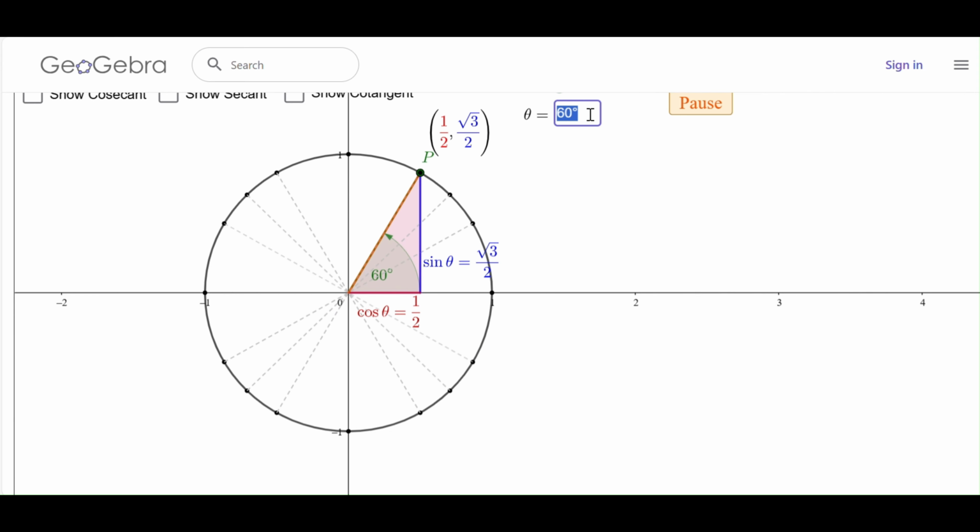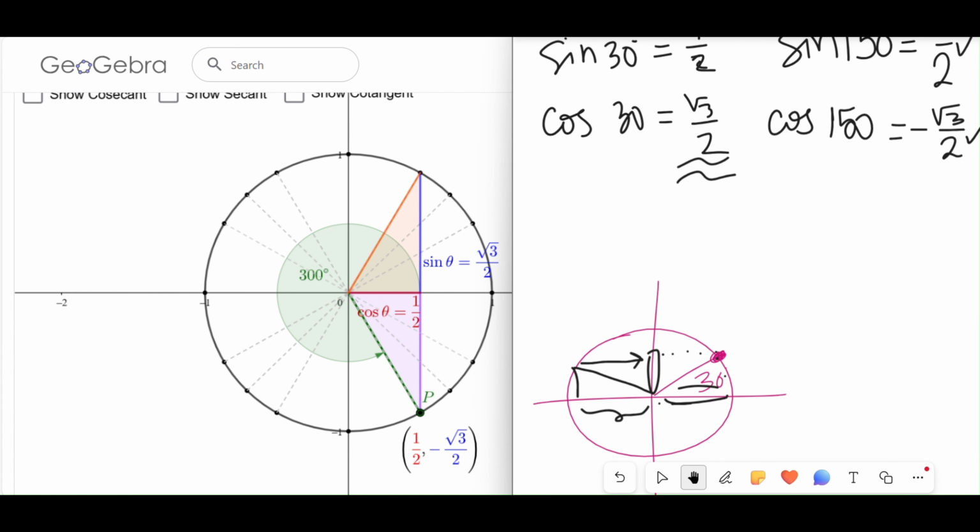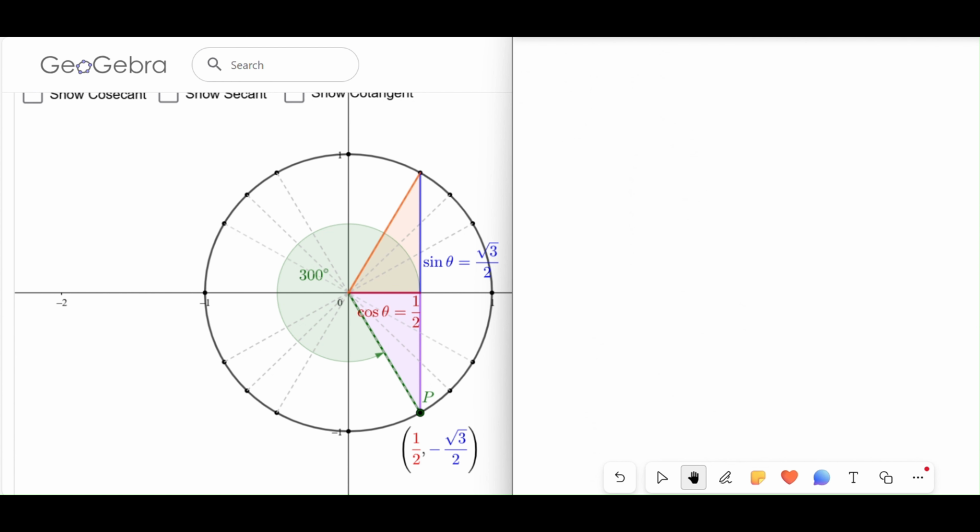And if you know 60, then you know 120, then you know 240, right? And then we know 300 degrees. With that, we are covered for all values of the unit circle. And one last thing for today, to find the tangent of any of these angles.